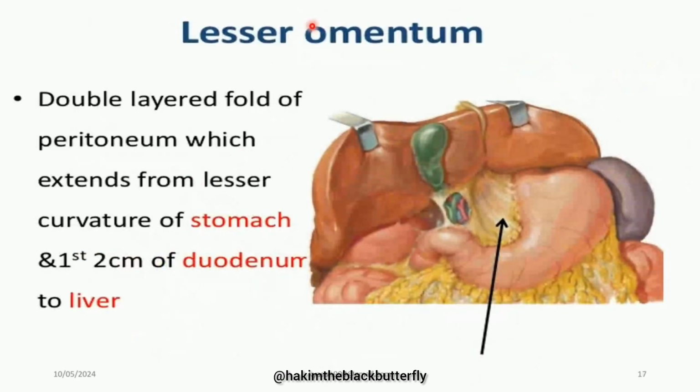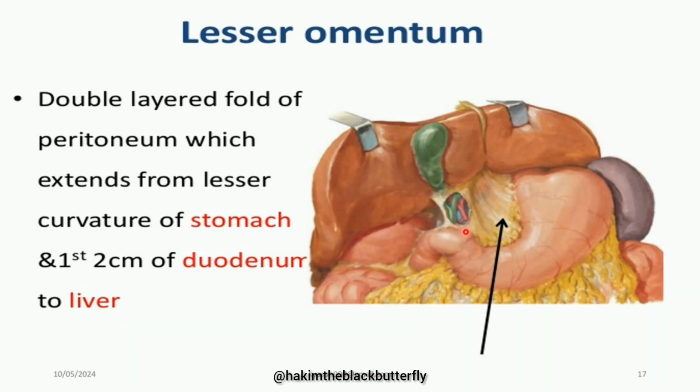The lesser omentum is a peritoneal fold that is double layered. As we said, it's going to connect your stomach to the surrounding structures. To be specific, it's going to connect the stomach and the first part of the duodenum. This is the stomach, this is the duodenum beginning.